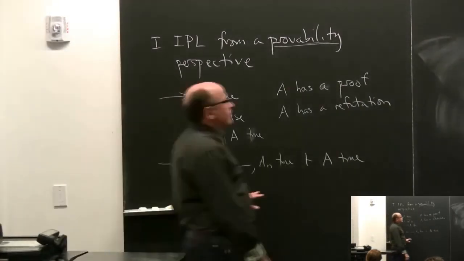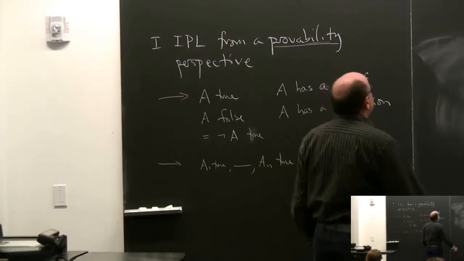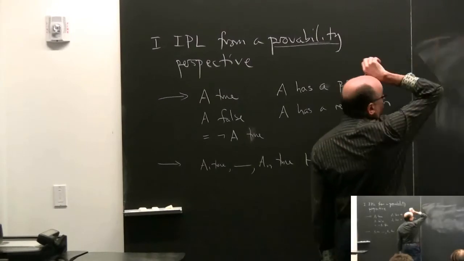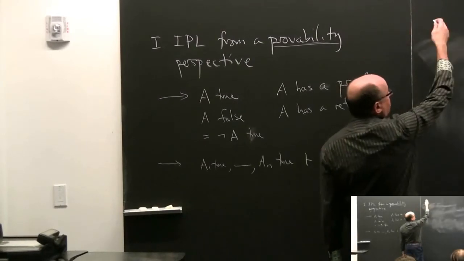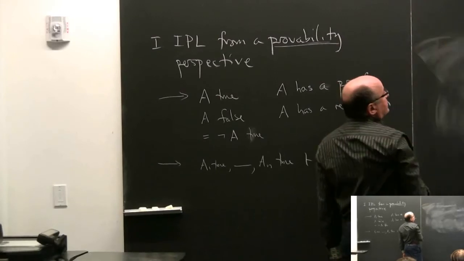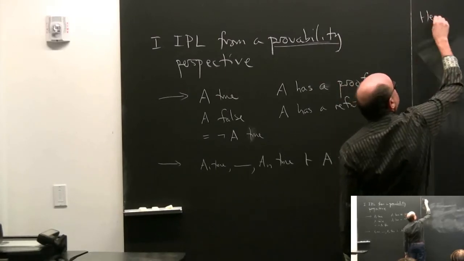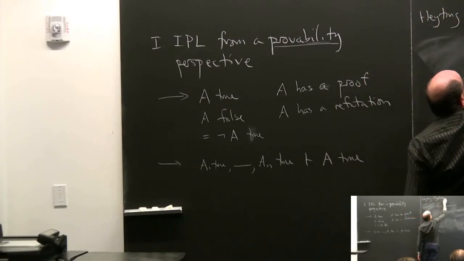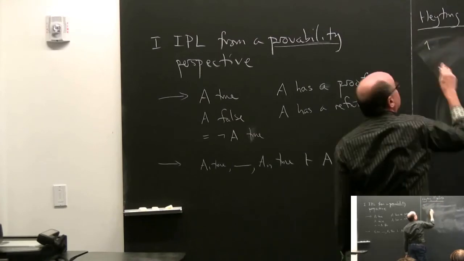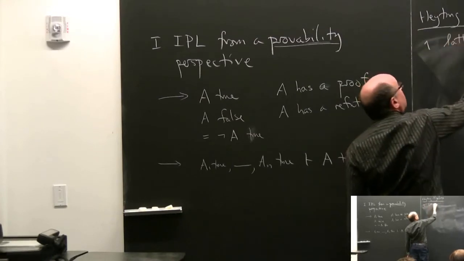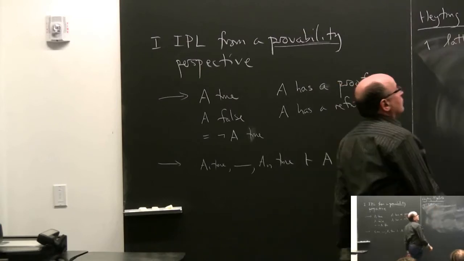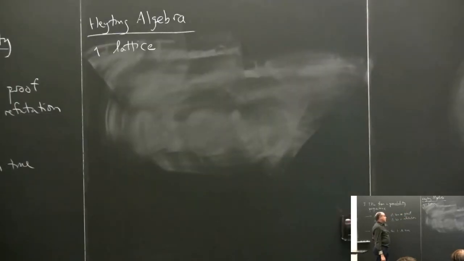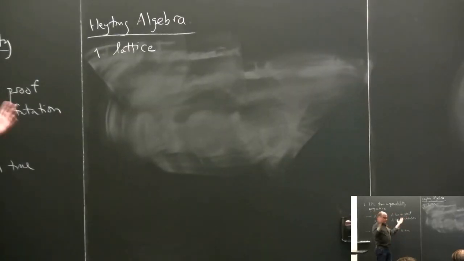Just to remind you, if you look at intuitionistic propositional logic, with the connectives conjunction, implication, truth, disjunction, and falsehood, we got the structure of what is called a Heyting algebra. To put it briefly, it's a lattice, which means it's a preorder with all finite meets and joins. A lot of times in computer science, people throw the word lattice around and let it mean whatever they want.